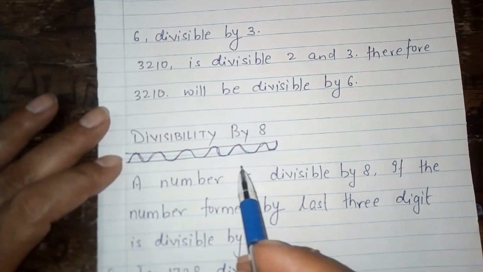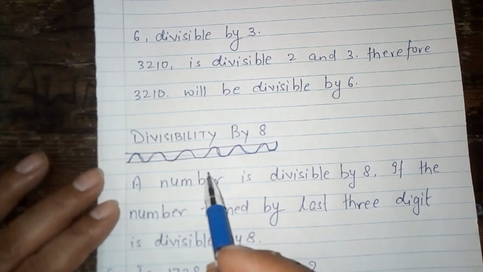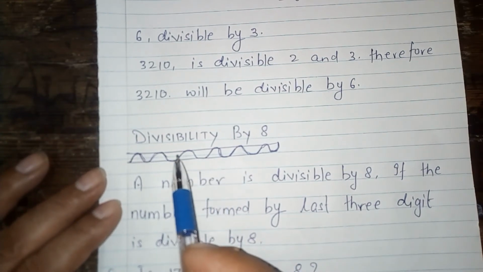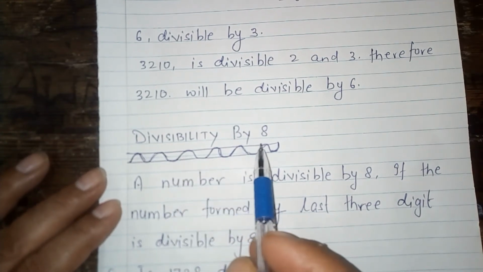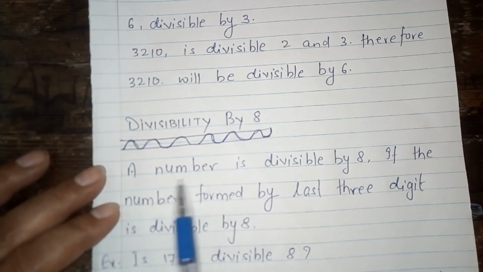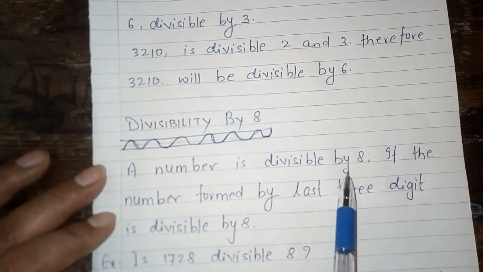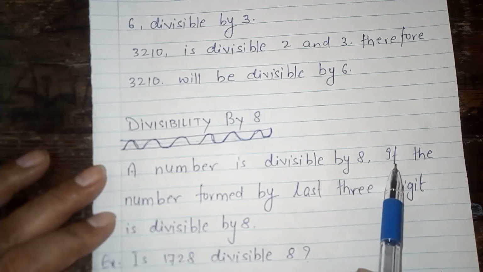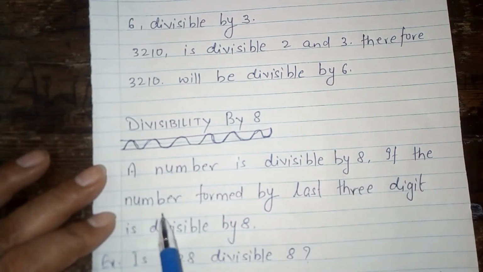Your next rule is divisibility by 8. The rule is a number is divisible by 8 if the number formed by its last 3 digits is divisible by 8.